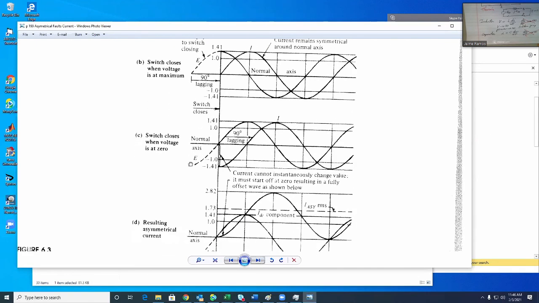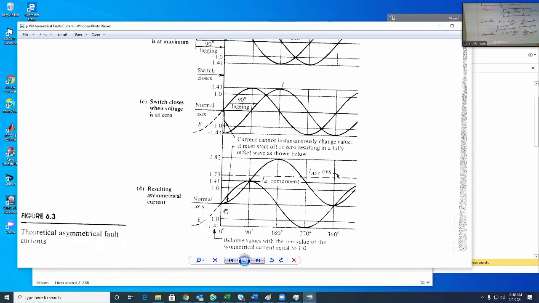So here is the correction. It's got to start at zero. So therefore, the waveform of the current is pushed up. We can calculate that current.